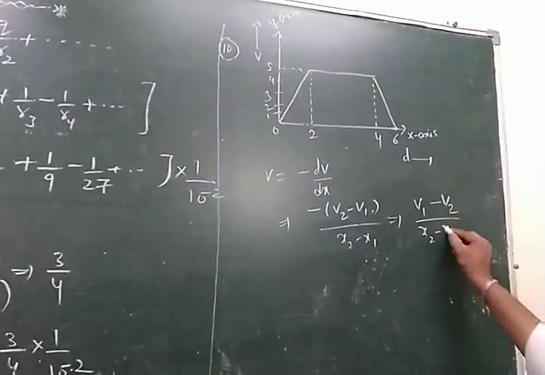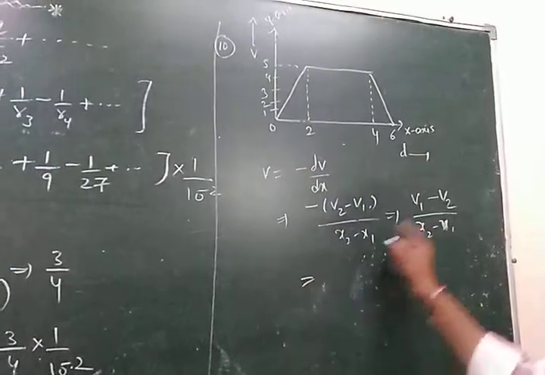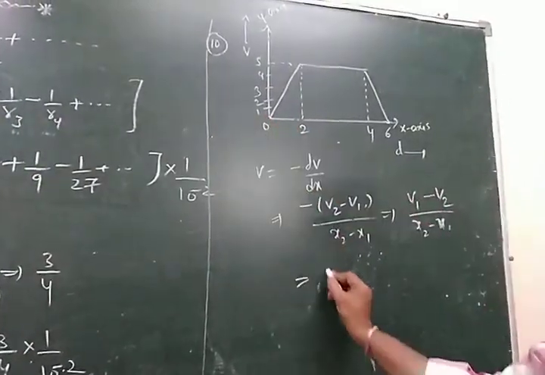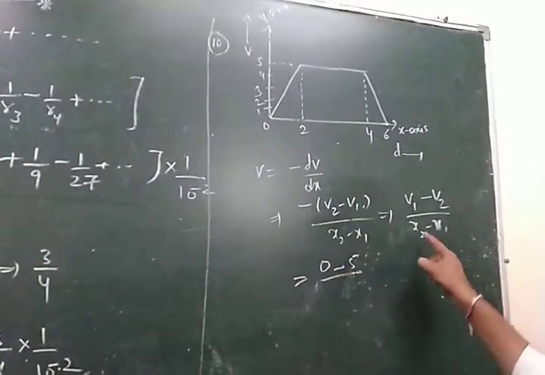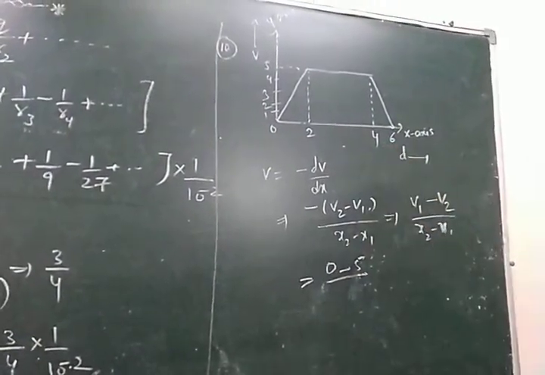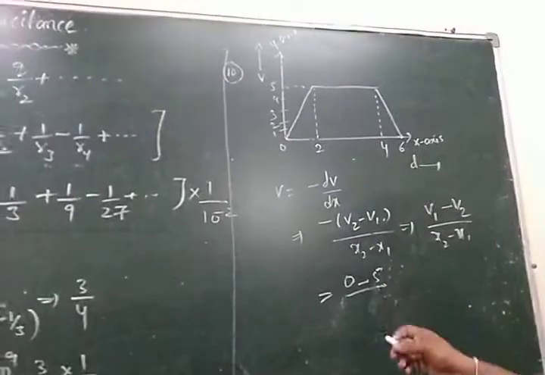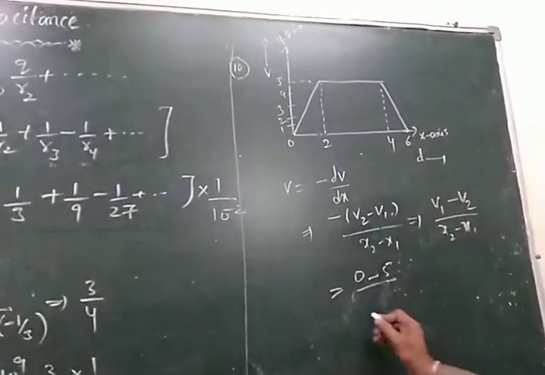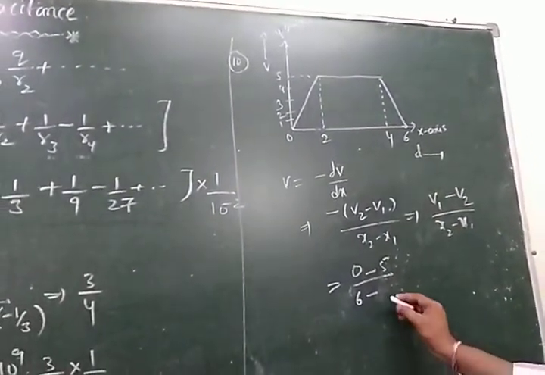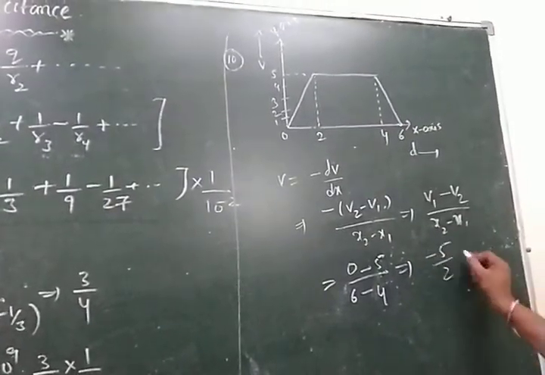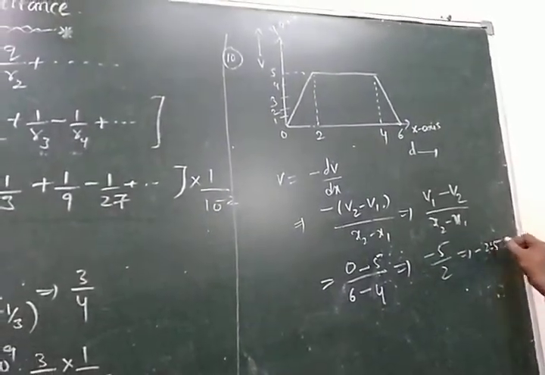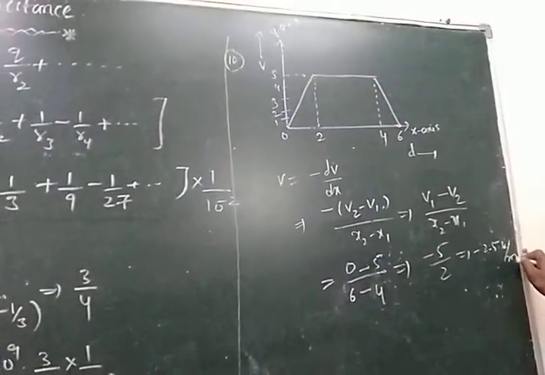The minus can be multiplied in, so we write V1, starting at 0, minus V2, which is 5, divided by x2 minus x1, where x2 is 6 and x1 is 4. That is equal to minus 5 by 2, which is minus 2.5 volt per meter.